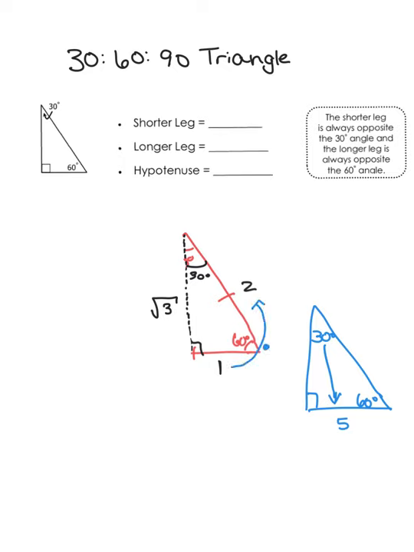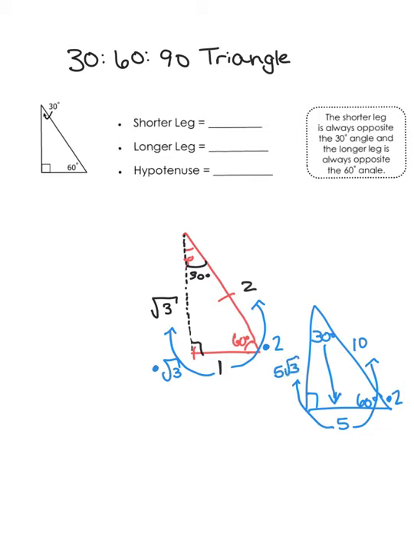I'm going to multiply this side by 2. So I'm going to multiply 5 by 2. What is 5 times 2? 10. What do I multiply times 1 to get the square root of 3? I'm going to multiply by the square root of 3. So 5 times the square root of 3 is just 5 square roots of 3.